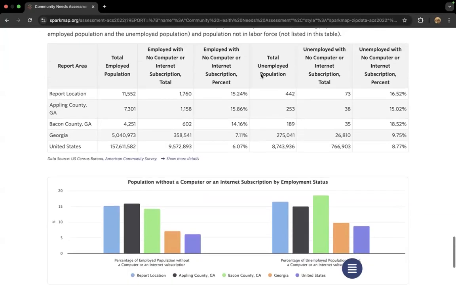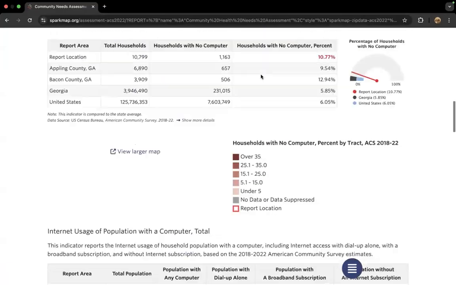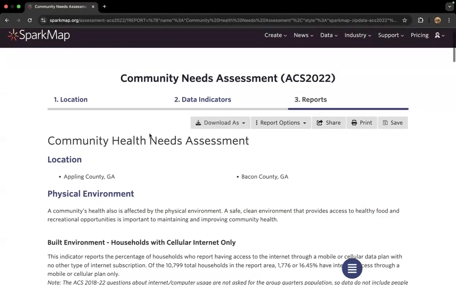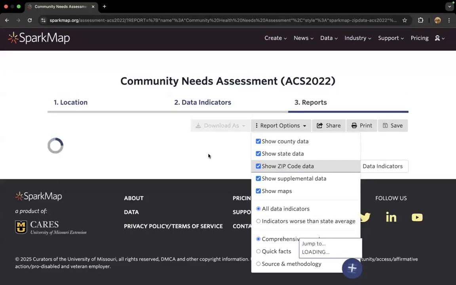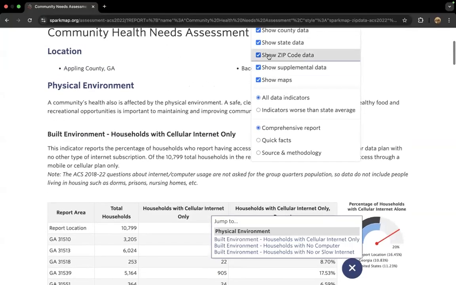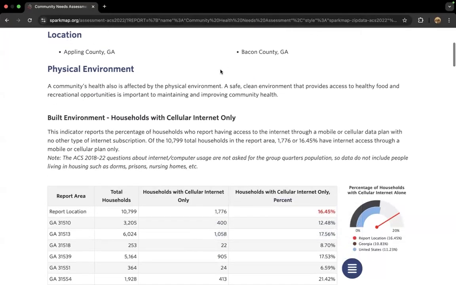And so something else that I want to point out with this report really quickly is that it has all of the bells and whistles that you're going to find in your usual SparkMap report. And so let's say you are a premium annual SparkMap subscriber, you would be able to view these data by zip code using that report options, show zip code data feature here.